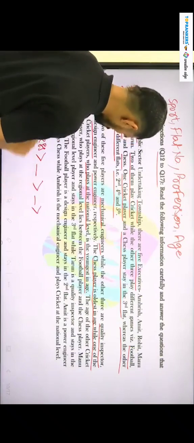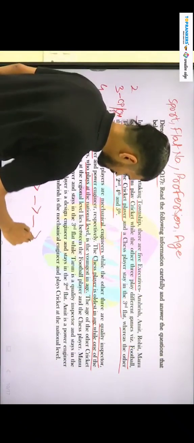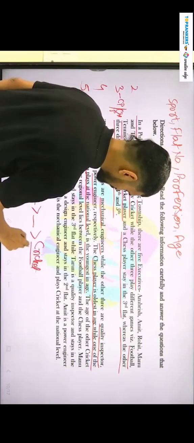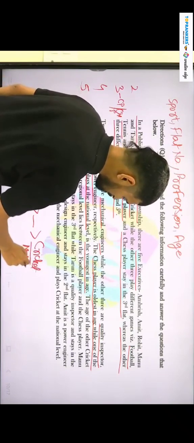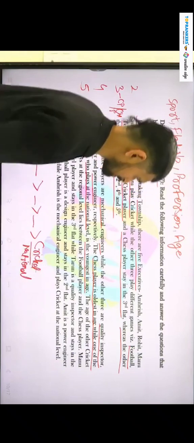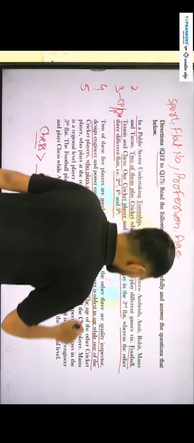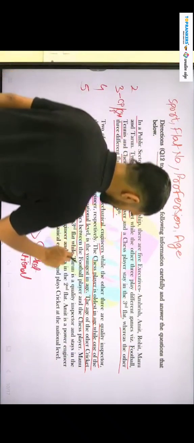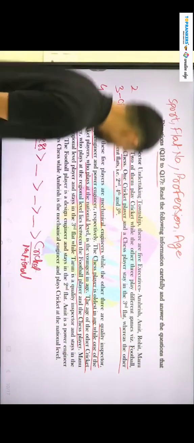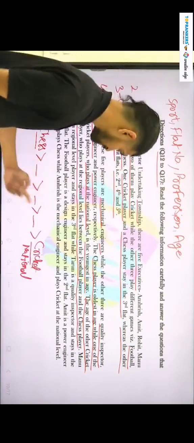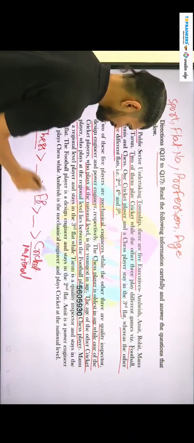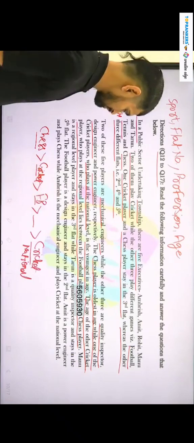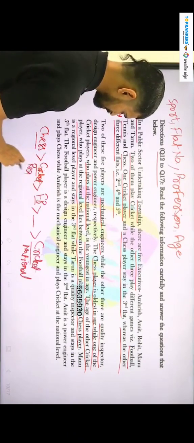One, two, three, four, and five. Here is the cricket player at national level, who is youngest. The age of the other cricket player, who plays at the regional level, lies between the football player and the chess player. See, chess player is here, here must be the football player, and this must be the other cricket player who plays at regional level.